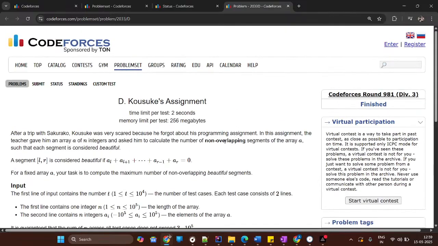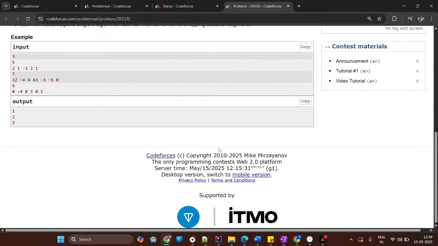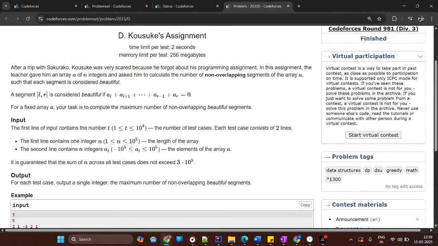Total number of non-overlapping segments. Okay, there's some total number. Might have calculated overlap. Okay. What does it mean? Non-overlap.